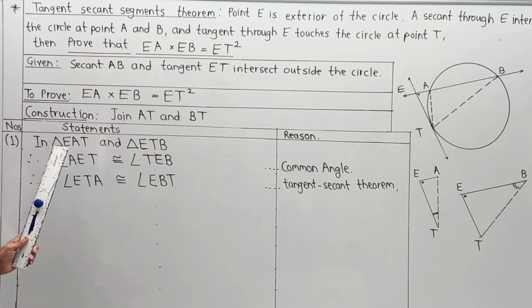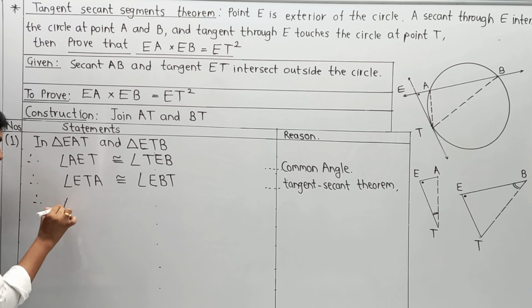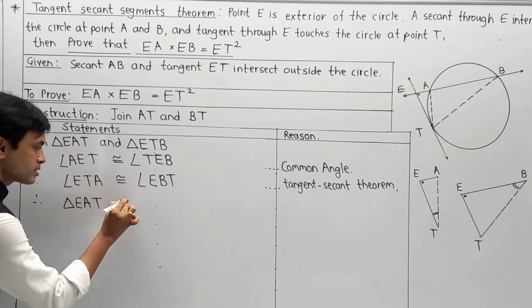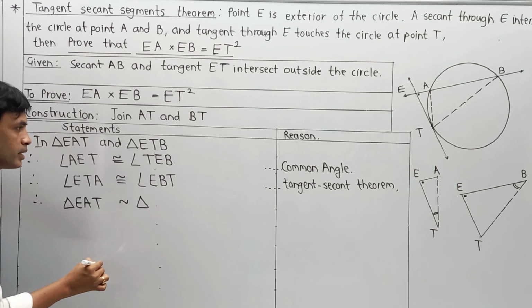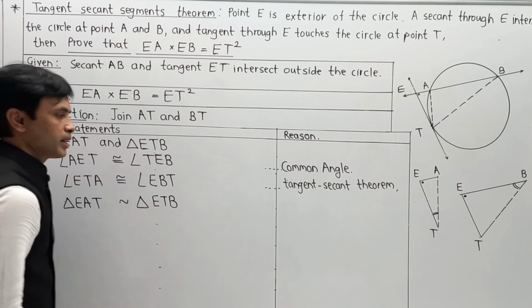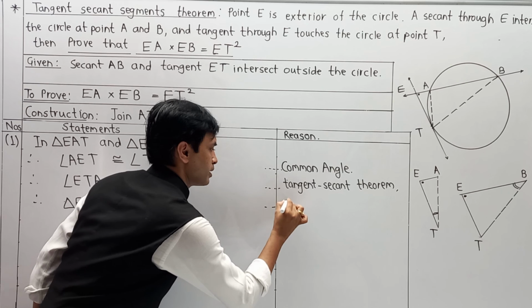Naturally, the first triangle is similar to the second triangle by the AA test of similarity. Therefore, triangle EAT is similar to triangle ETB by the AA test of similarity.